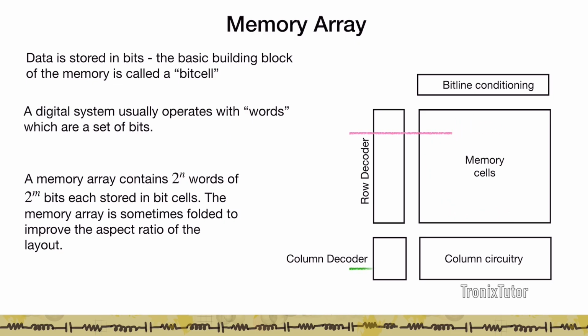Then we sometimes have another column decoder, especially if you have dense memories. With the help of the row decoder and the column decoder, you can single out a single bit cell from which either data can be read out or data can be stored in it. So in an SRAM and DRAM, data is going to be written or read bitwise from the memory.